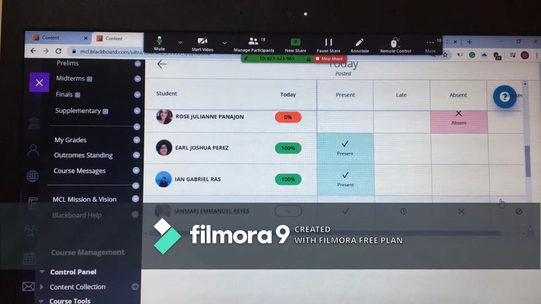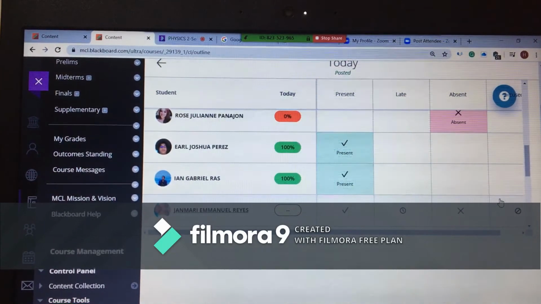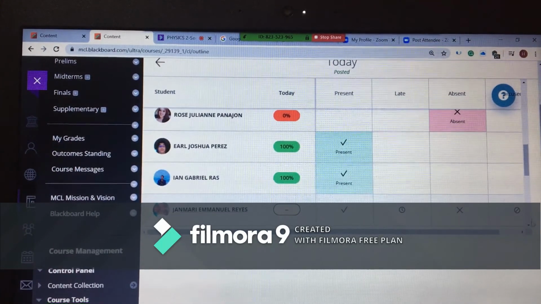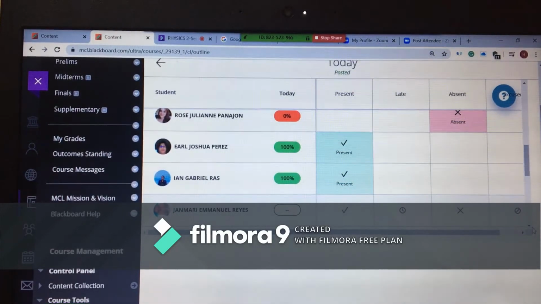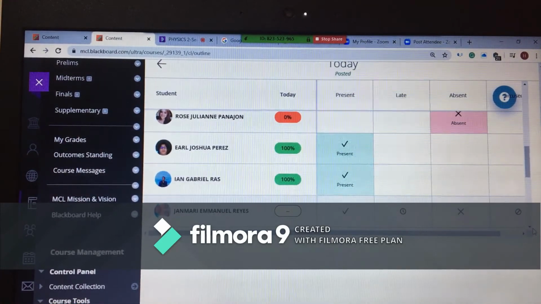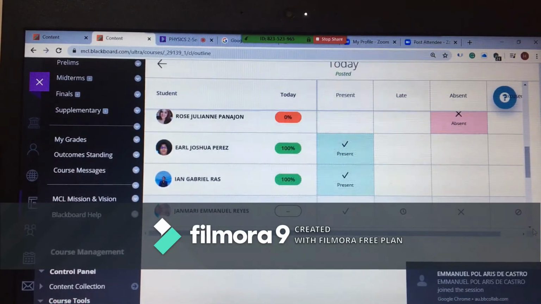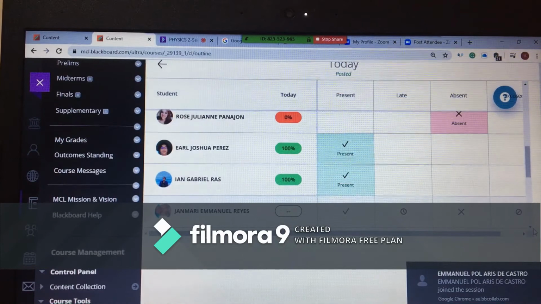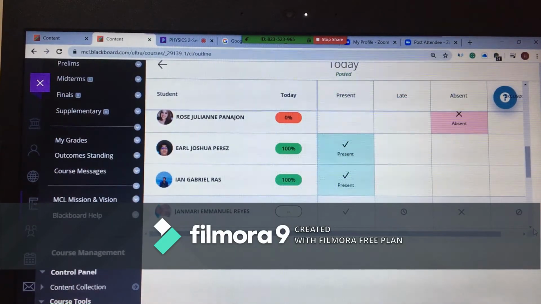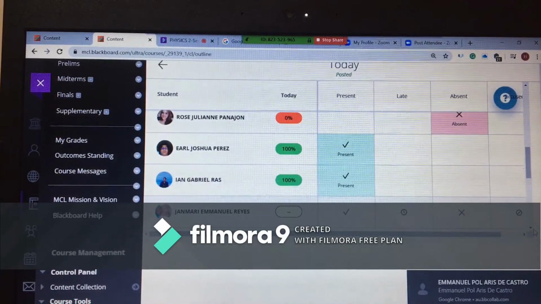Pag magsabing present class and then hindi mag-type, hindi yan present ha. Kailangan dalawa yung makikita ko. I mean, I need to get two information from your voice and from the screen. Ras, type your name, Ras.